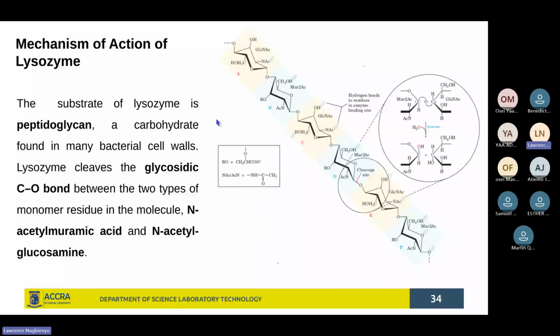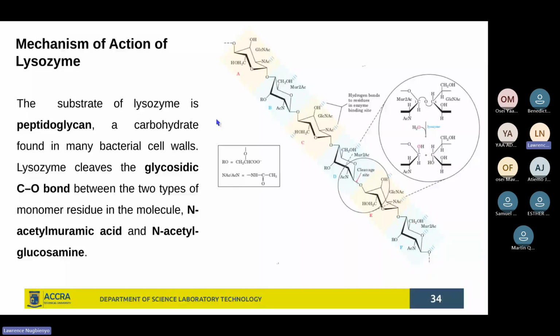So from the name lysozyme, you can tell that this enzyme is involved in the breakdown of some bonds, but specifically lysozyme breaks the glycosidic bond that is formed between the monosaccharide derivatives that form the cell walls of bacteria.